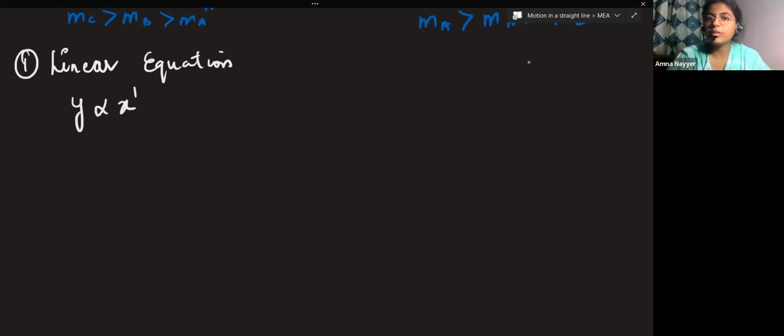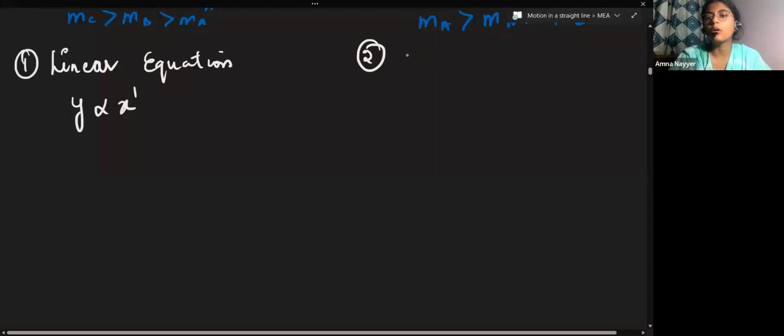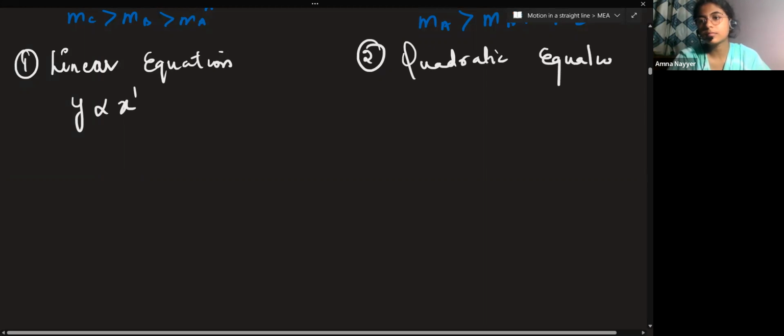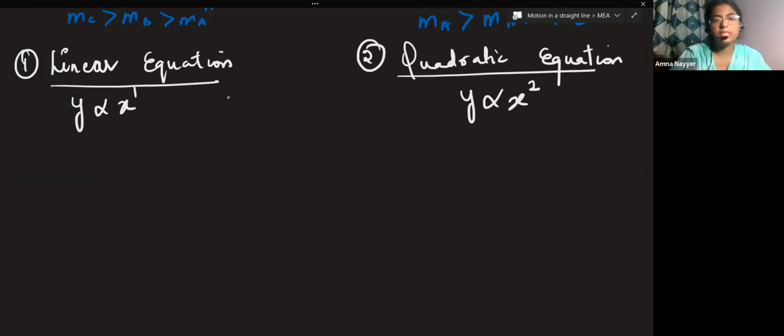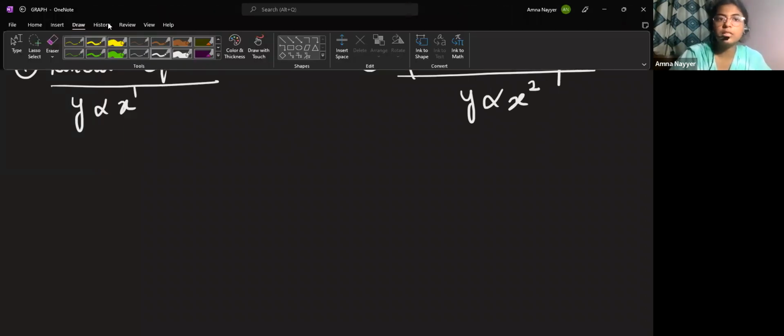We have another type of equation also, which we call the quadratic equation. Here also y is proportional to x, but with the power 2. So this is the difference between a linear equation and a quadratic equation. Obviously, if there's a difference, then there will be a difference in the graphs as well.